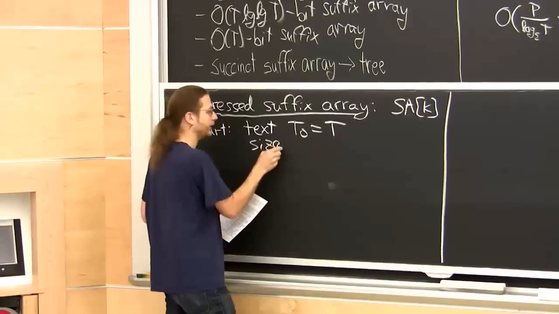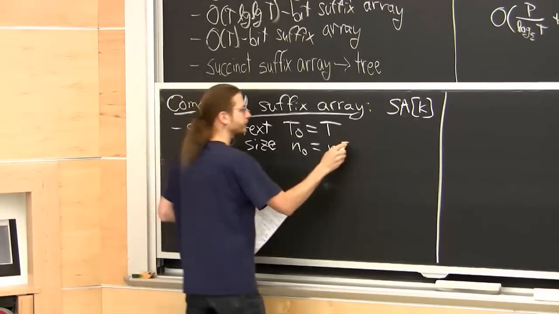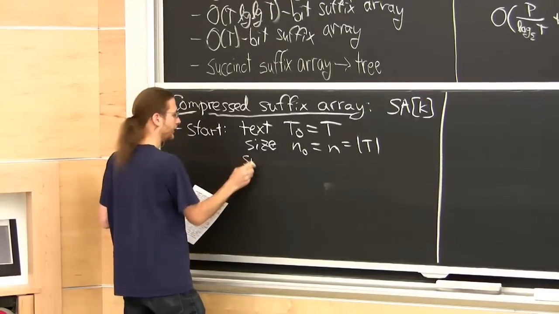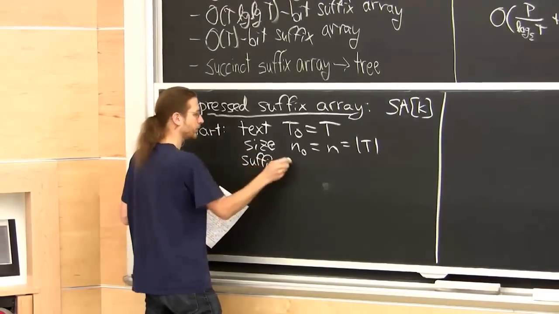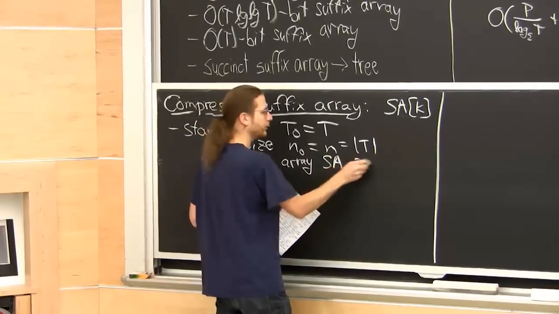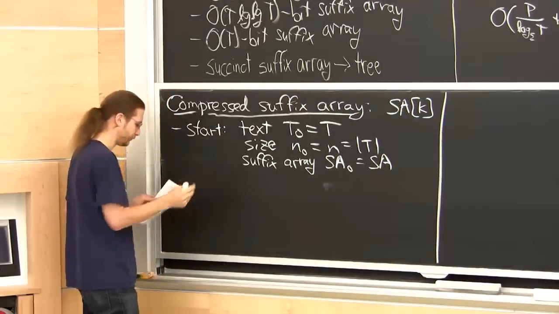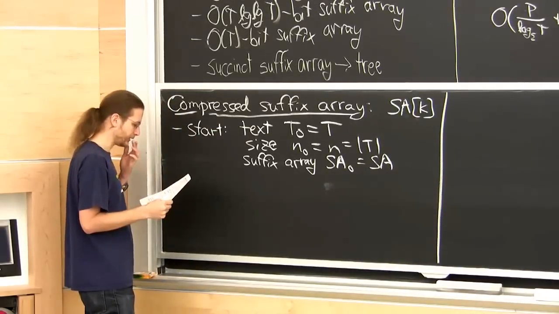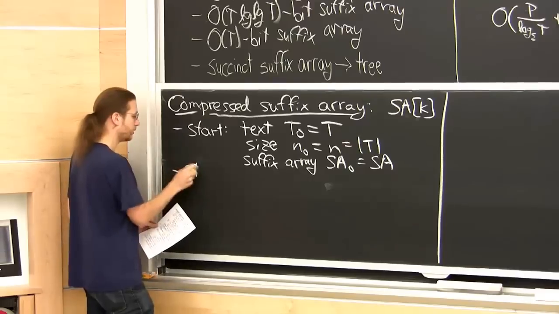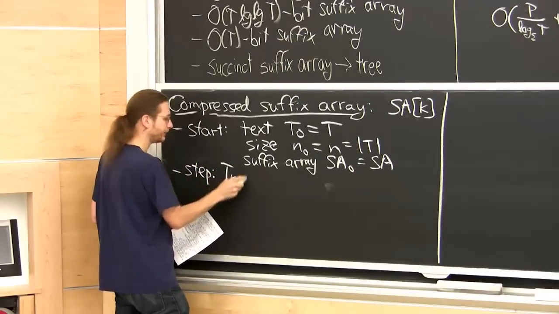The length of that string, I'm going to call N0 or N. Okay, and we have a suffix array, which I'm going to call SA0, which is the suffix array of that text. Now, that's just notation. We're not actually storing all of those things. Now, the recursion is T_{k+1}.